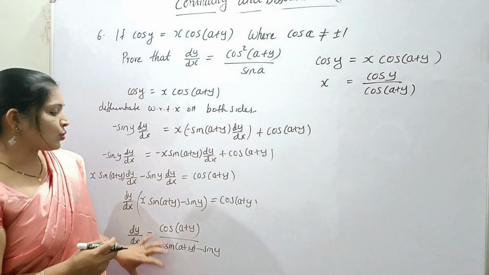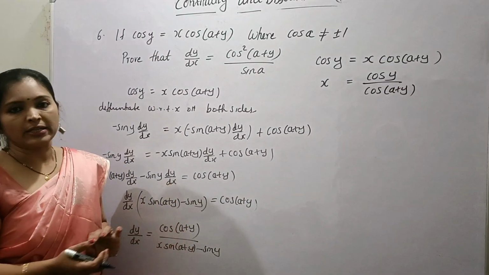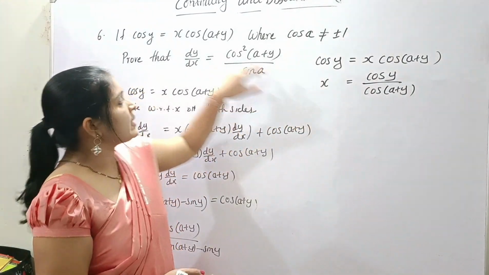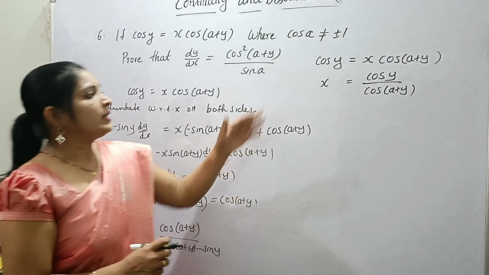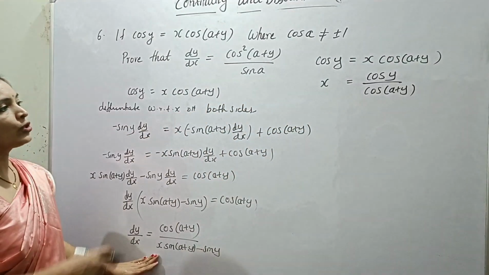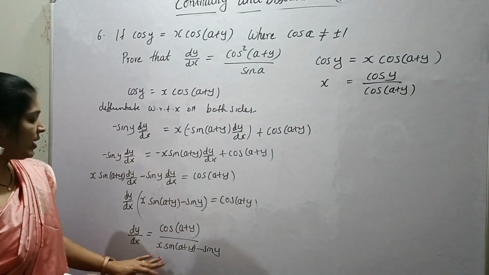We should get this dy by dx in y terms. So x is equal to cos y divided by cos of a plus y. Now let's substitute x is equal to cos y divided by cos of a plus y here.